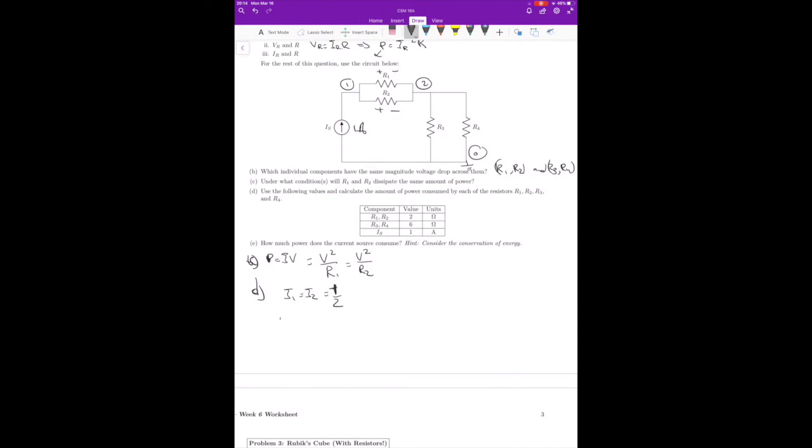And we can use P equals IV, or I squared R, is equal to 1/4 times R1, or R2, where you get 1/2 watts of power.